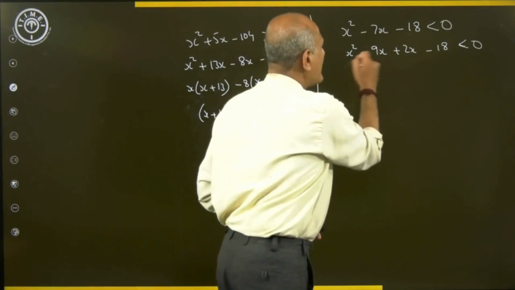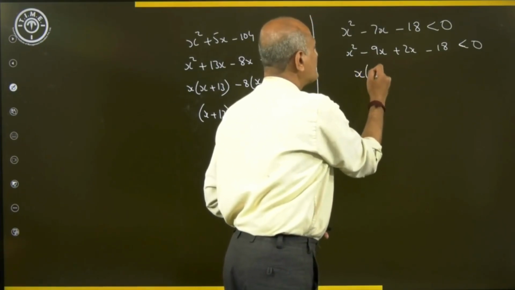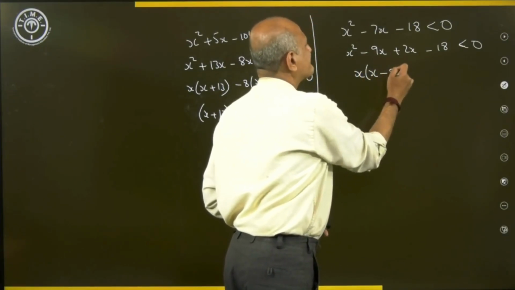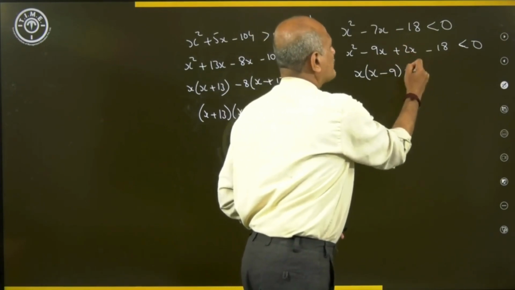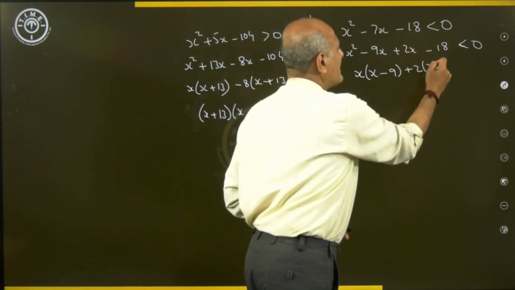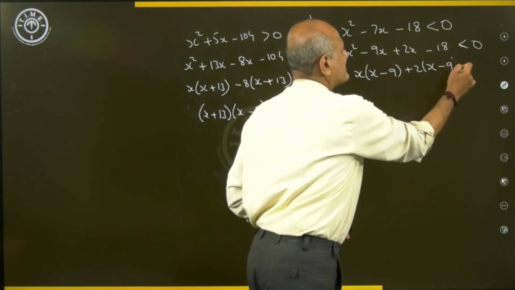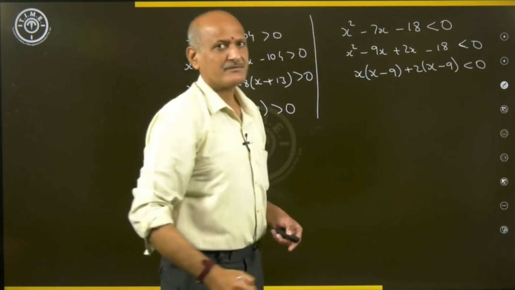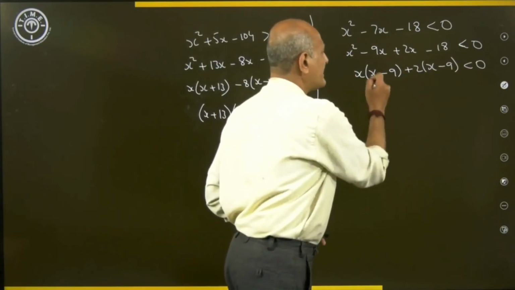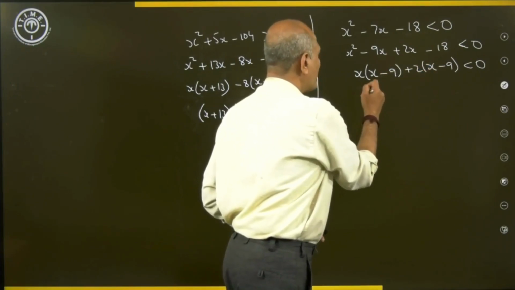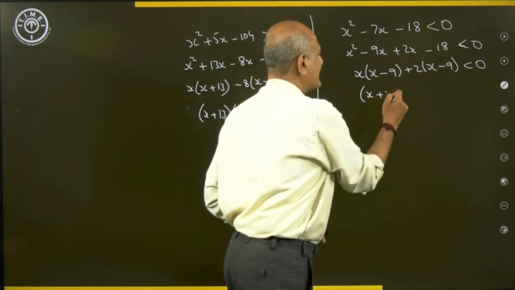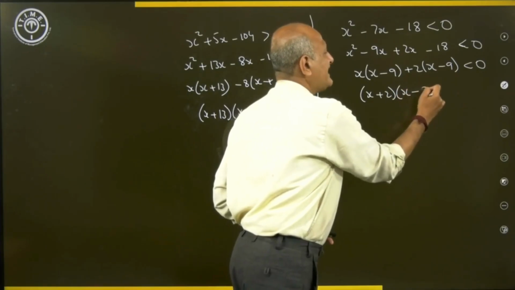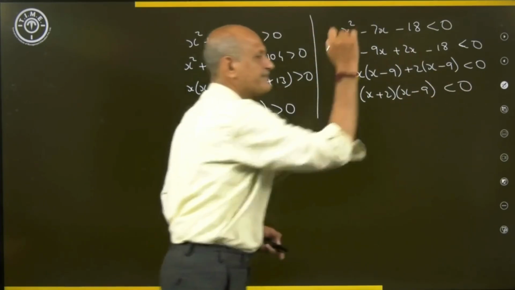Taking x common from the first two terms, we get x into x minus 9. Taking 2 common from the next two terms, we get plus 2 times x minus 9. Taking x minus 9 as a common factor, we get x plus 2 into x minus 9 is less than 0.